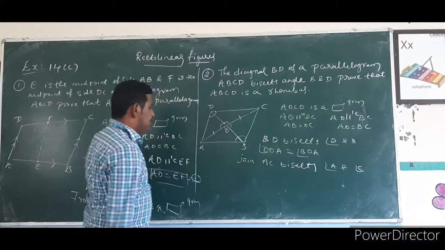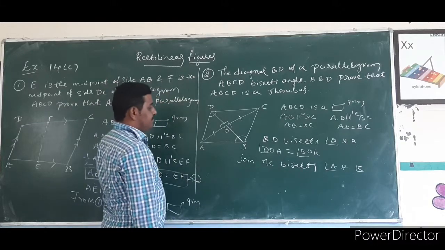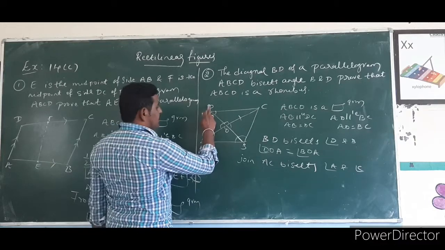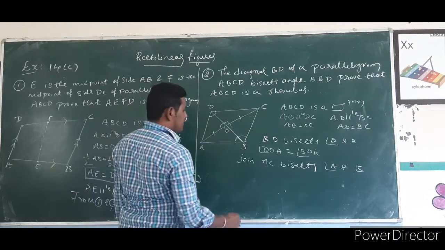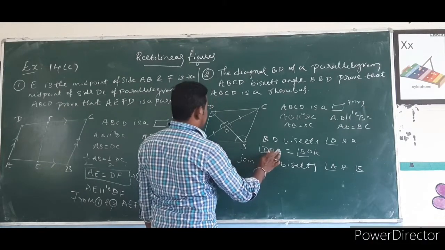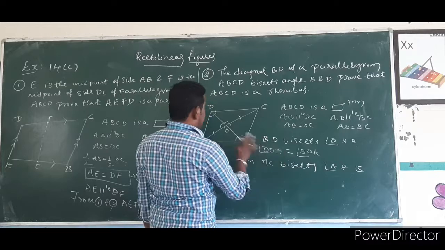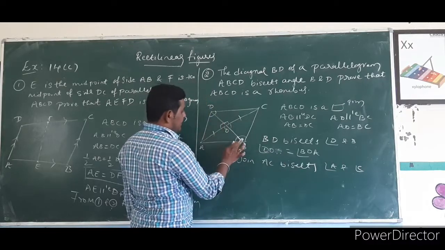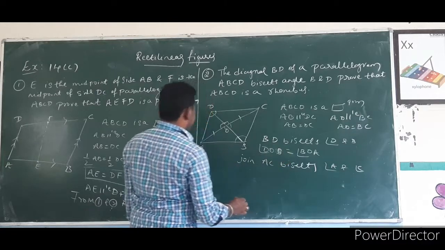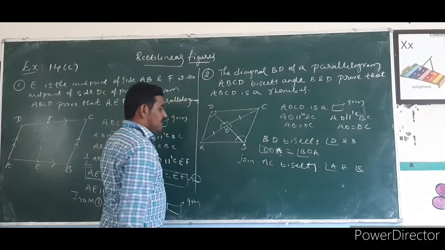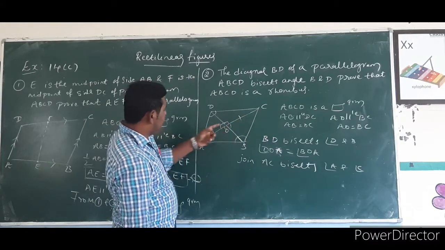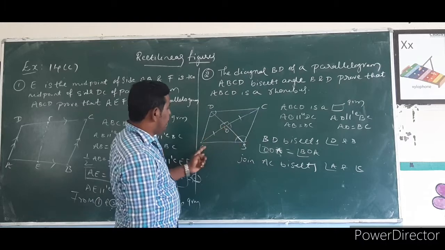So that means DOC. Sorry, this one is BD. This one, A and C, means AC. So we prove DOA equal to BOA.